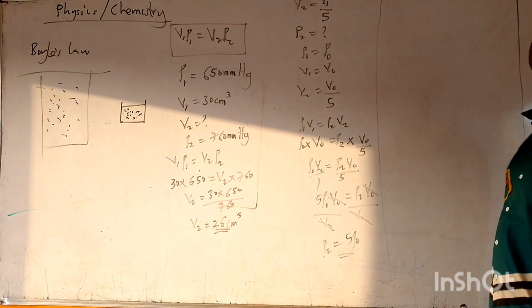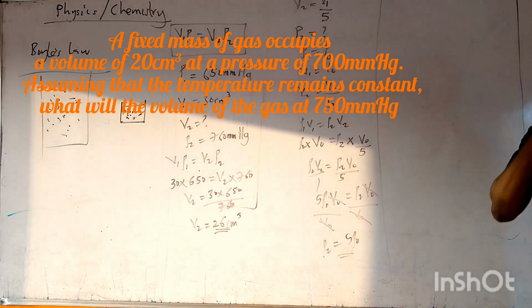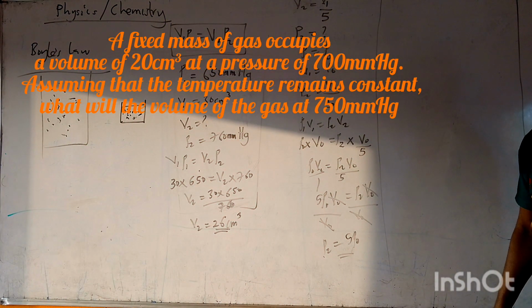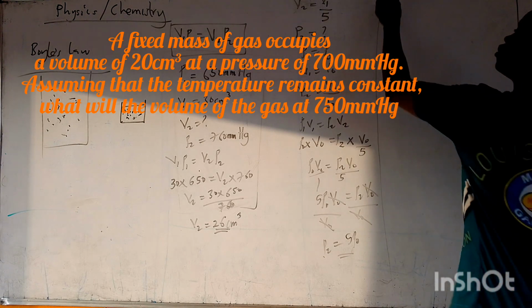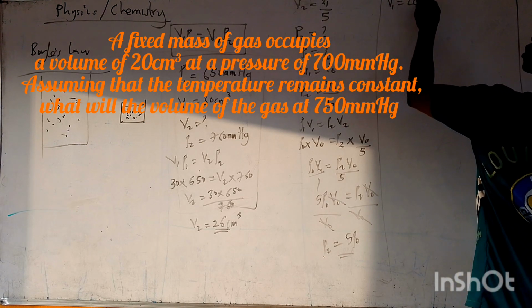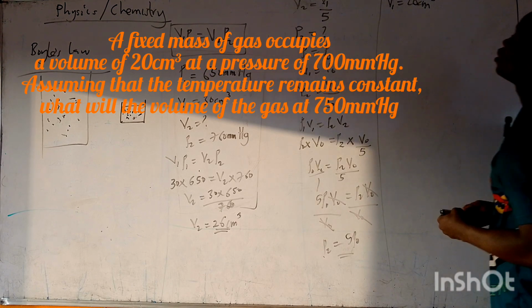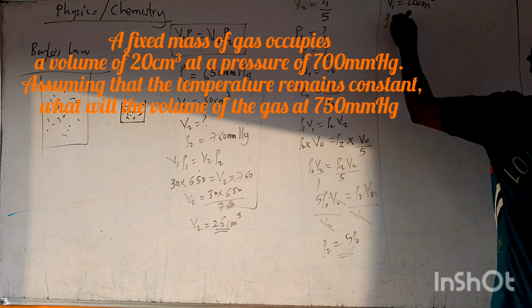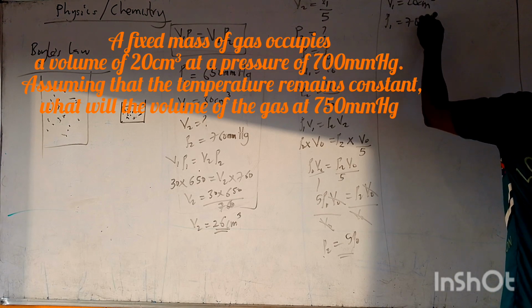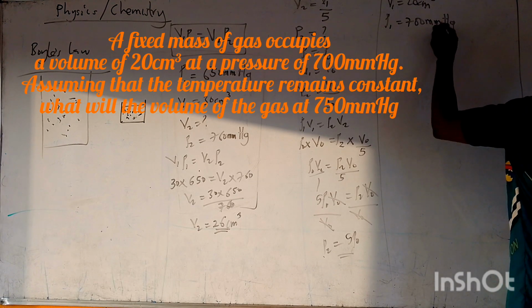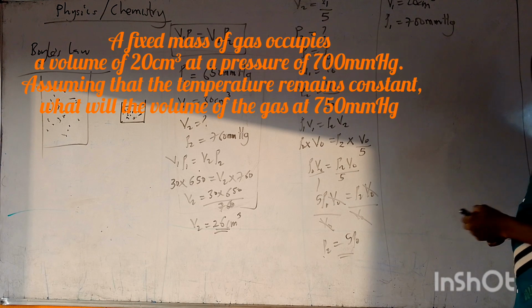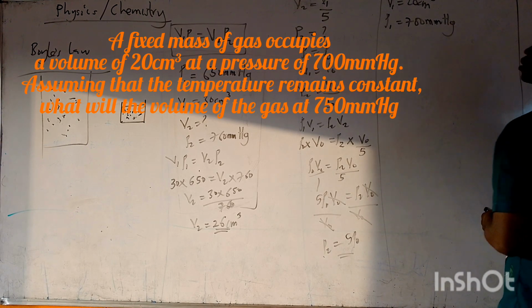V1 is equal to 20 centimeter cube at a pressure of P1 in millimeter mercury, assuming the temperature remains constant.